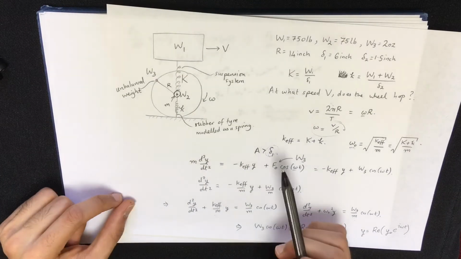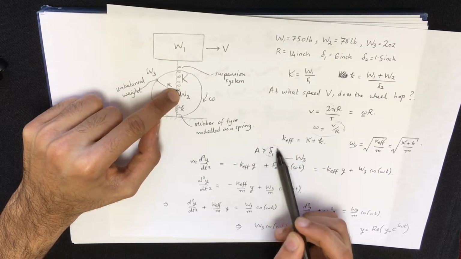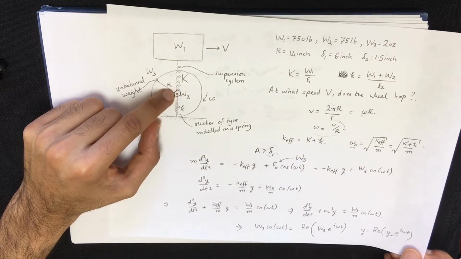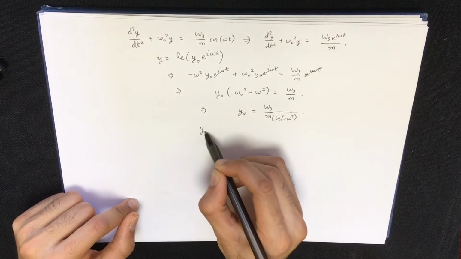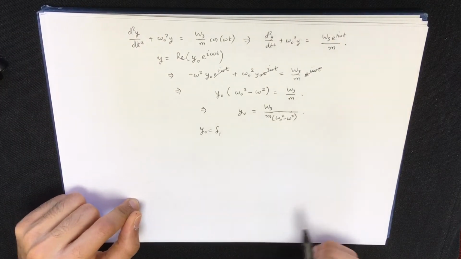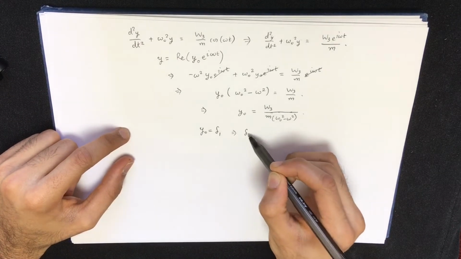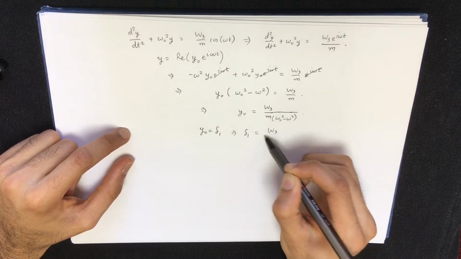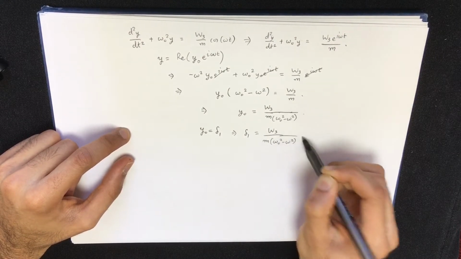That means the minimum value I can have for this amplitude of the oscillation has to be equal to the static deflection delta 1. So at this point, I can put y naught equals delta 1 for the wheel to hop off the ground. So delta 1 equals w3 over m times omega naught squared minus omega squared.